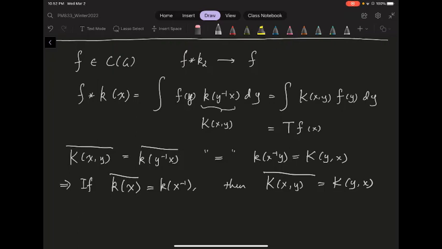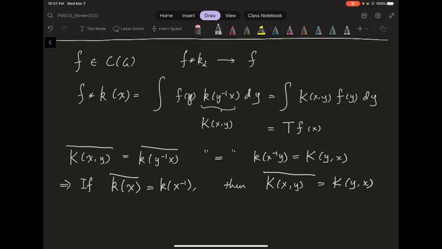For example, for this K alpha, I can choose the characteristic function of a neighborhood around the identity divided by the measure of this neighborhood, and they're going to be approximate identities. And then I can also pick these neighborhoods so that they're symmetric.